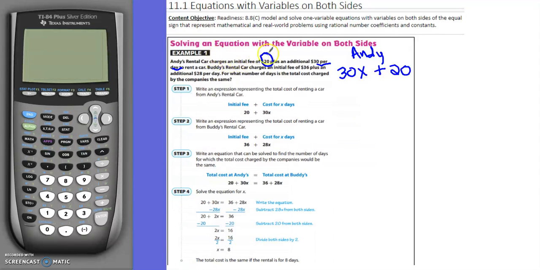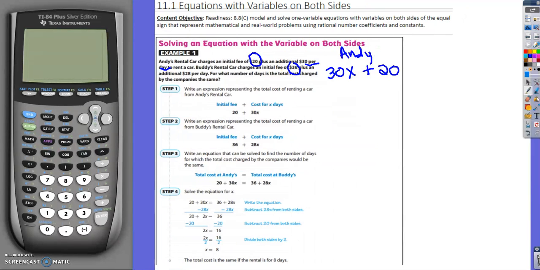Buddy's car rental charges an initial fee of $36. So now we're going to have the other side of the equation. It's going to have Buddy. And Buddy is going to have 36 plus an additional $28 per day.